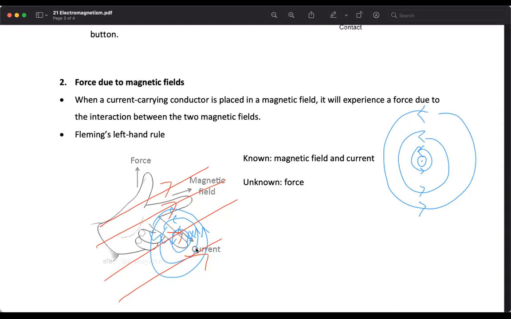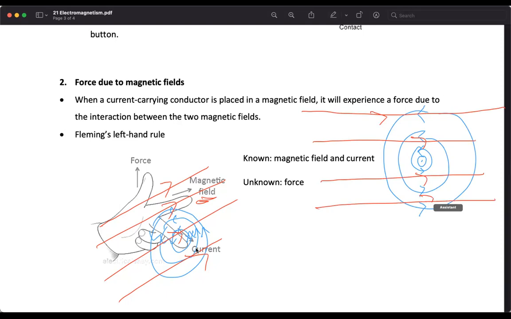Then, if you put it in a field line that is from left to right, can you see that at the bottom, they are all in the same direction? So they are all together. At the top, can you see they'll cancel each other? So the result is like this.